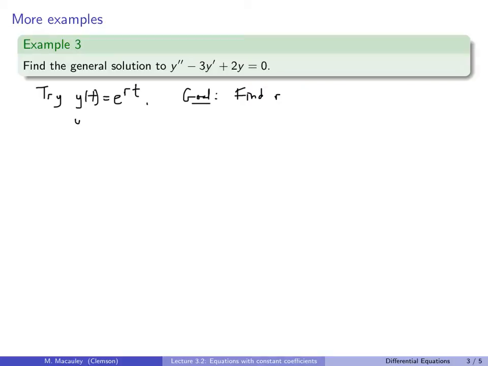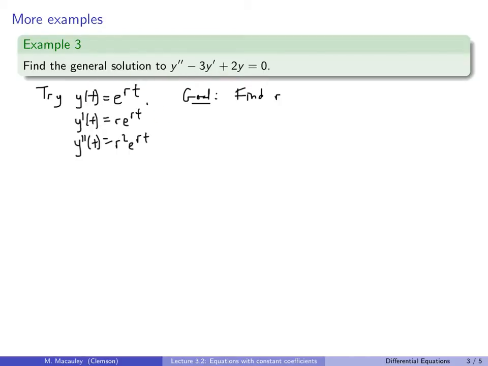So notice that the derivatives, y prime is r e to the rt, and y double prime is r squared e to the rt. And let's imagine, before we do it, what happens if we plug these into the left-hand side of this equation.